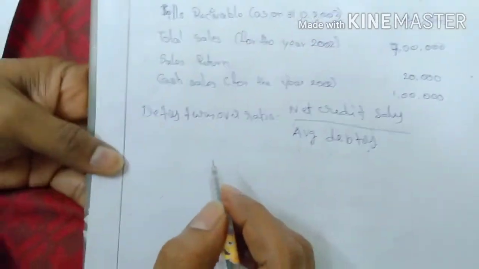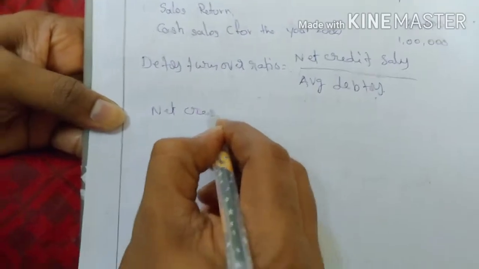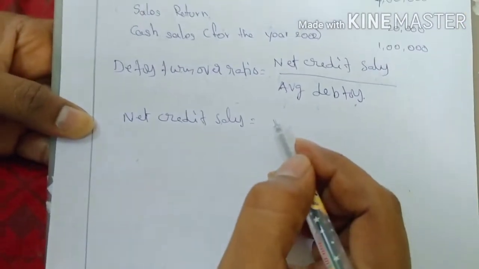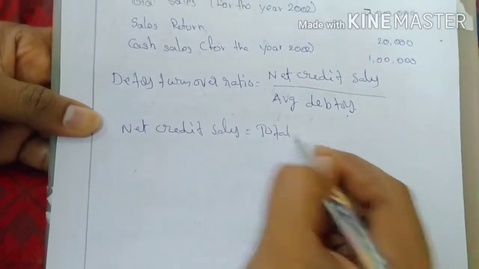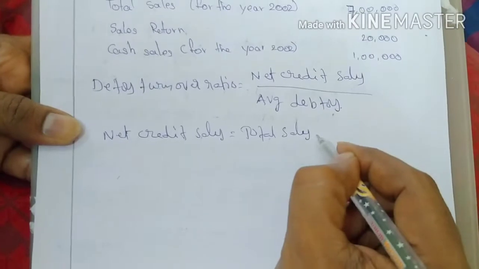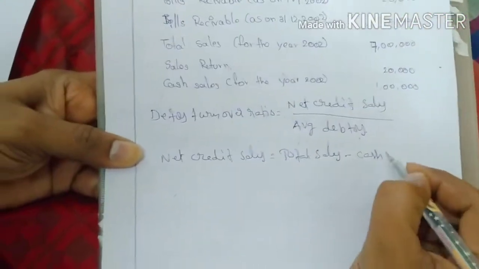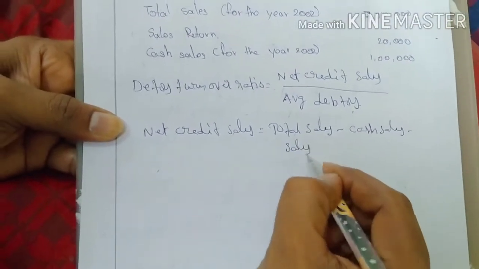First we will see the net credit sales. Net credit sales is equals to total sales minus cash sales minus sales returns.